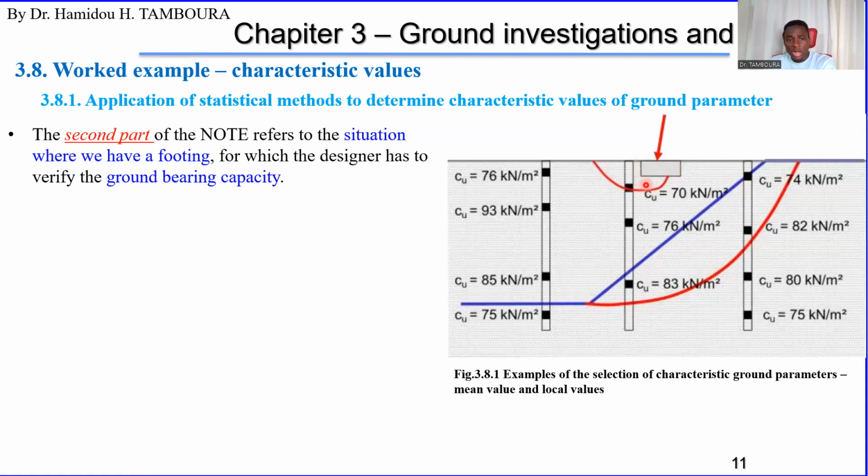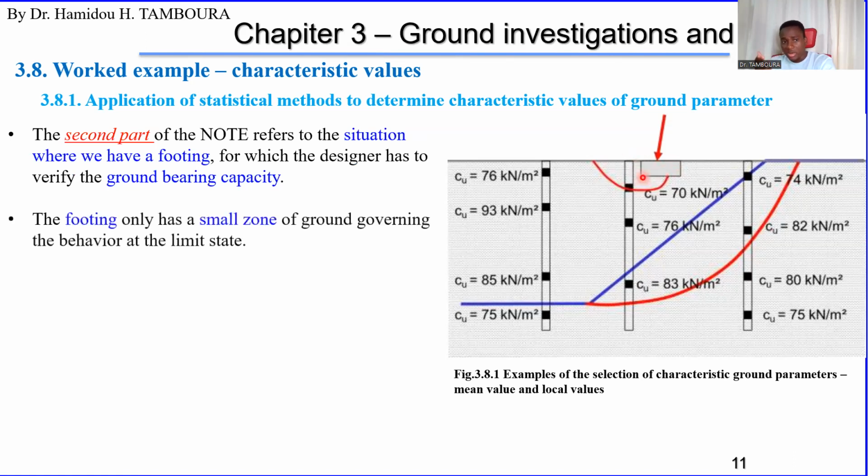Okay. Then, as you can see, in this case the footing has only a small zone. It's not covering all the surface. It's just a very localized place, a small zone of the ground, that is covering the behavior at the limit state.